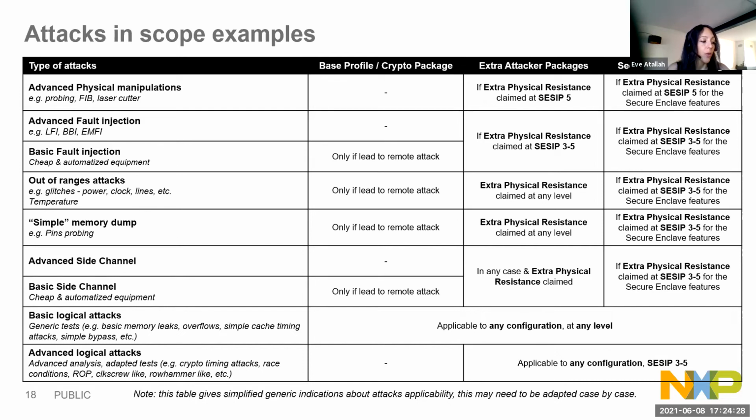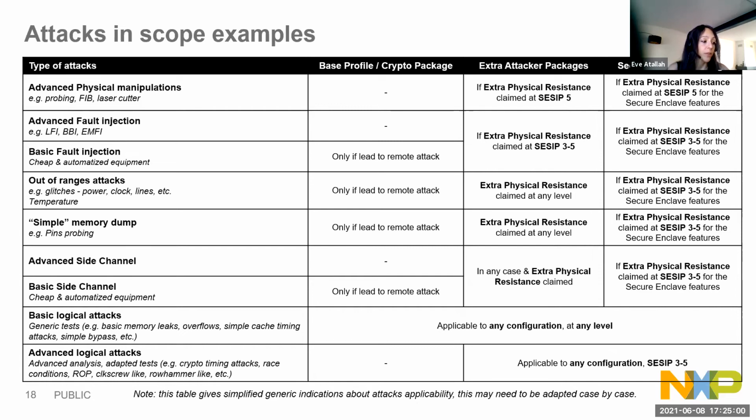You can see in the first lines that those very high level advanced physical manipulations requiring very high expertise should only be applicable when physical attacker resistance is claimed along with the SESIP 5 level. So either within the physical resistance package or within the secure enclave package in which the physical attacker resistance has been selected.